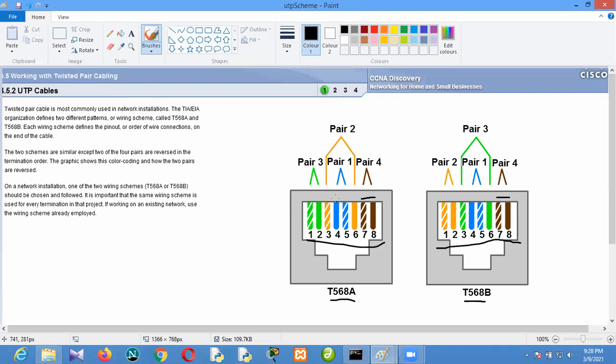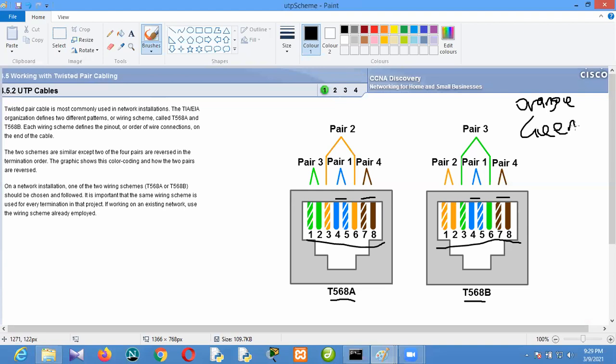They all have blue at the center. The only difference is just the orange and green colors.